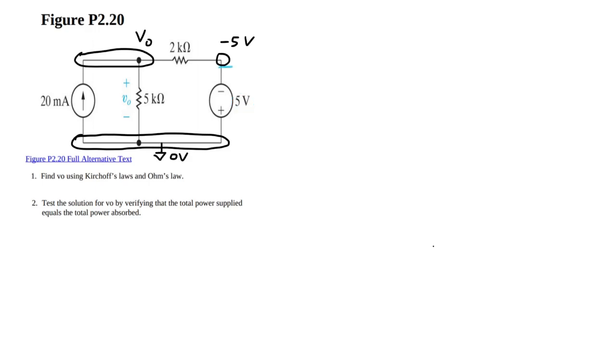If you put the ground reference over here, for example, that would make the voltage at this node 5 volts and this 0 volts. It's completely arbitrary and up to you, but I chose, for the aforementioned reason, to put the ground at the bottom. So anyway, we're going to do something called nodal analysis for this.